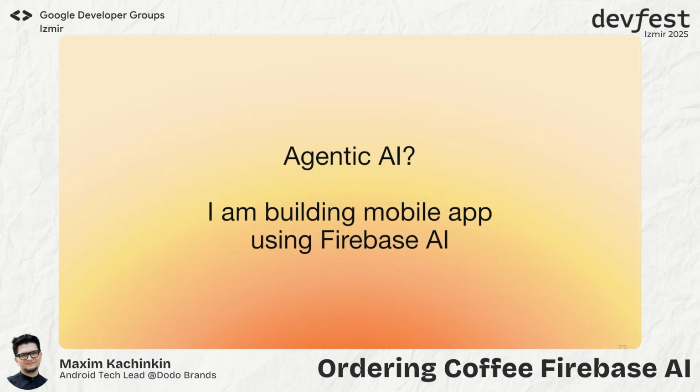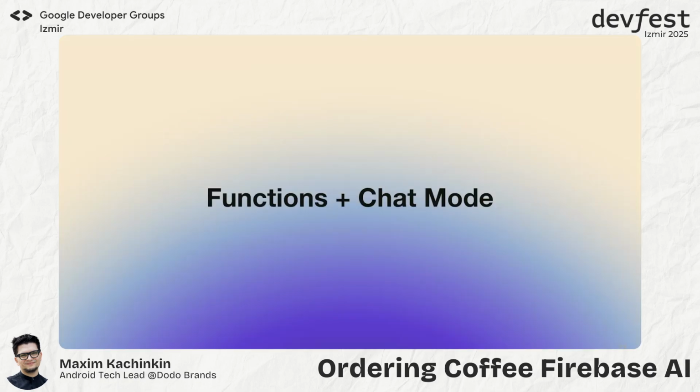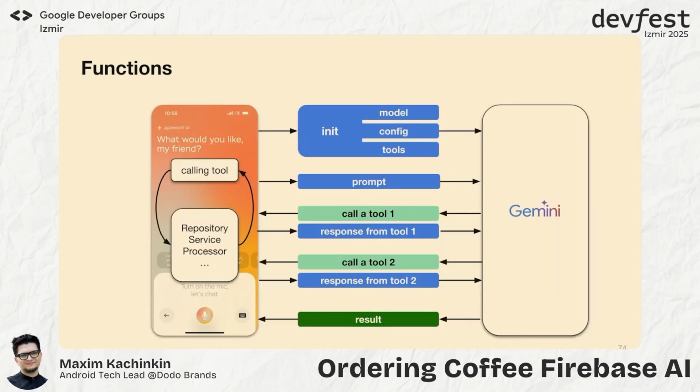It's too complex. We can do it using functions and chat mode in Firebase AI because this provides us actual possibility to do this. So it works like this. We initialize everything: model, config, tools. Then when we send the prompt, the model can call tool number 1, get the response, call tool number 2, get the response, and then get the result.